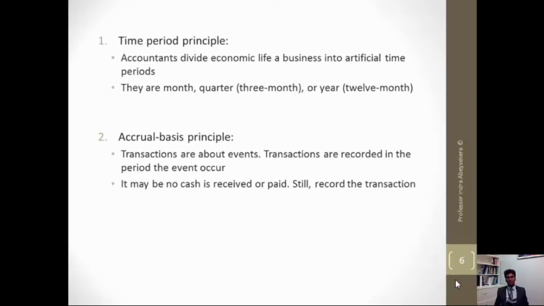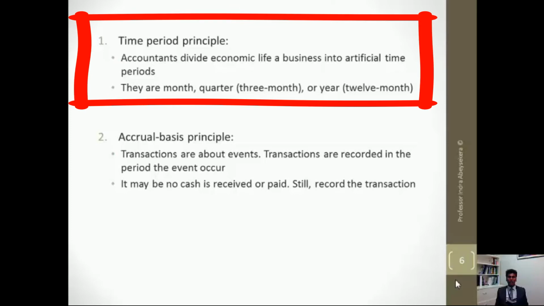The first principle is the time period principle. In accounting, the time period is divided into artificial beginning period and an end period. And that period can be determined by the organization. It could be a month, 3 months, or a year.